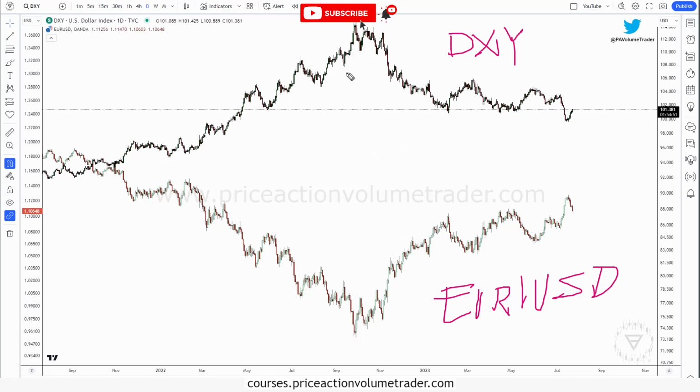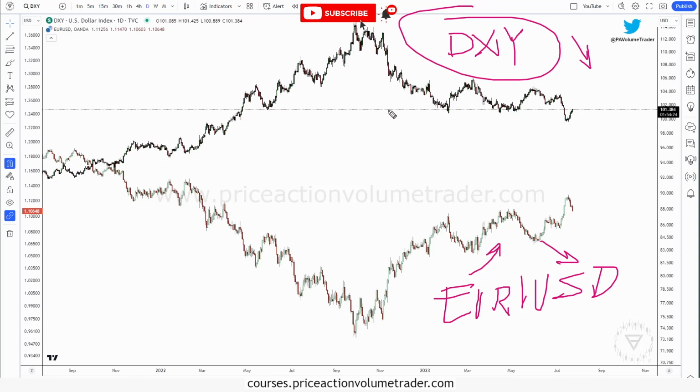They're negatively correlated. And why is that? Well, when we're comparing euro to dollar, if the euro is doing well and going up, it's because the dollar itself is looking weak. DXY is basically the dollar index market, so that means it is going to be going down.